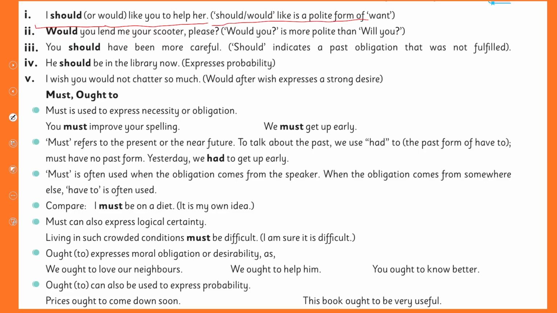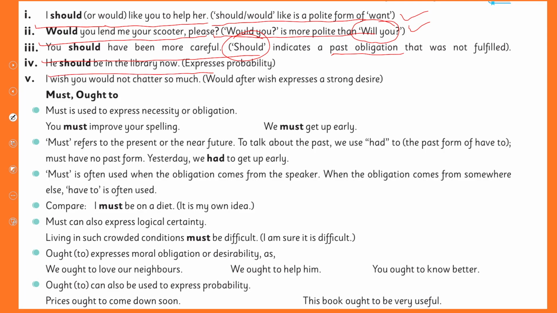This is a polite form of want. Would you lend me your scooter, please? This is also a past form of will you. You should have been more careful. Here, should indicates obligation that was not fulfilled. It means that it didn't happen, and now you're saying you should have been more careful.